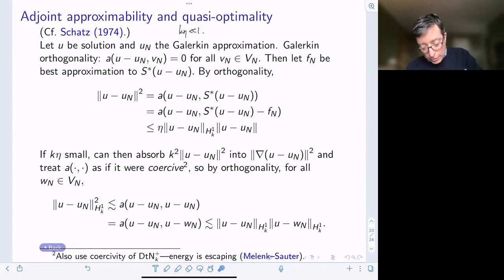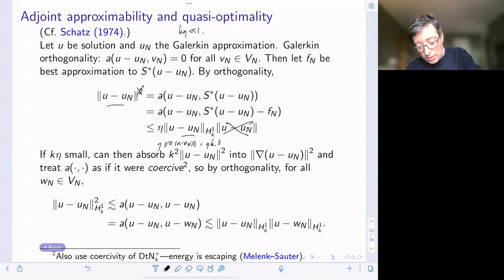So let me divide through by the U minus UN here. I get this estimate, that the L2 norm of U minus UN is bounded by eta times the H1k norm. And remember, this is like eta times the gradient, plus eta k times the L2 norm.